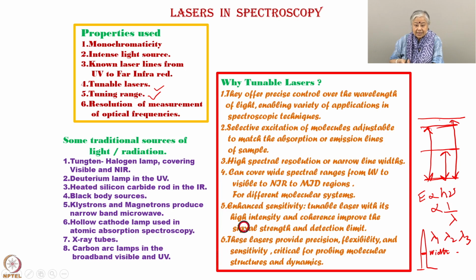Then the enhanced sensitivity. Tunable lasers with their high intensity and coherence improve the signal strength and the detection limit. So this is for systems or samples which give certain emission lines or properties that are very weak. One famous example is the Raman lines.